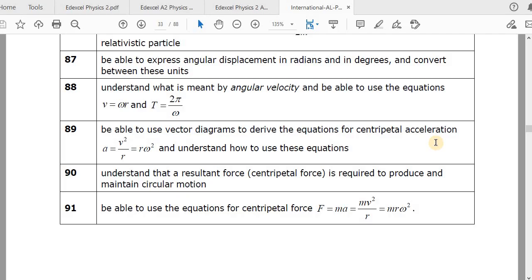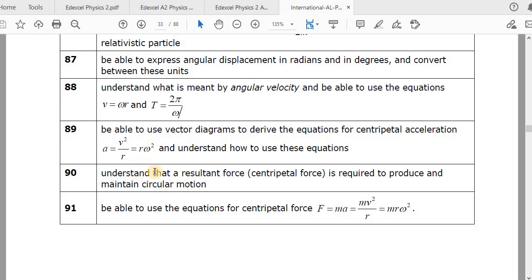This resultant force is called the centripetal force. So if there is a resultant force, there has to be an acceleration, because it is the resultant force which produces the acceleration. So there has to be an acceleration because there is a resultant force, Newton's second law, and this acceleration is what we call centripetal acceleration.